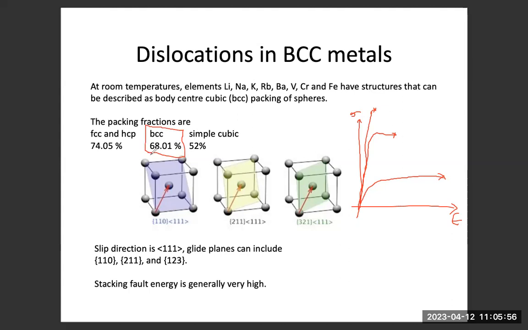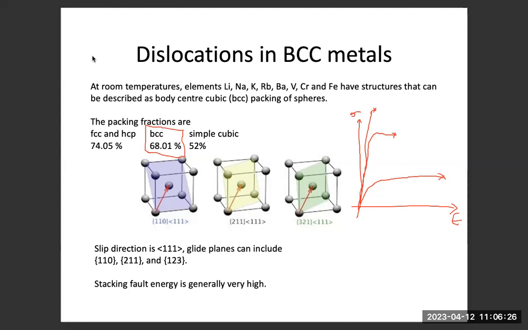Actually, 3 or 4 slip systems are more than enough. So 48 slip systems doesn't mean that we have more plasticity. We generally need 3 or 4 slip systems, the direction and the plane that the dislocations use. Instead, we need dislocation activation and dislocation motion.